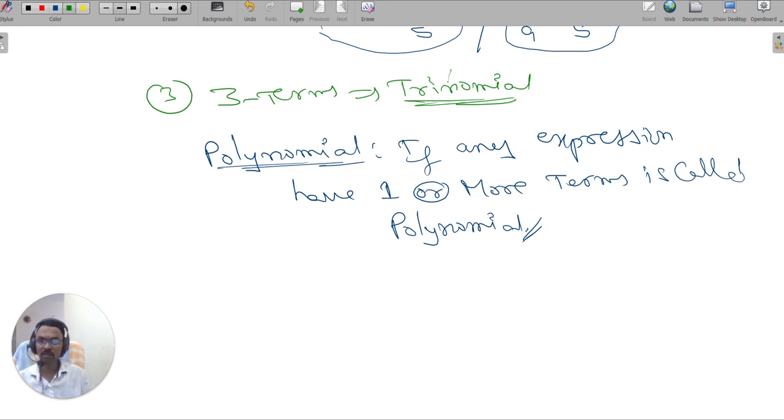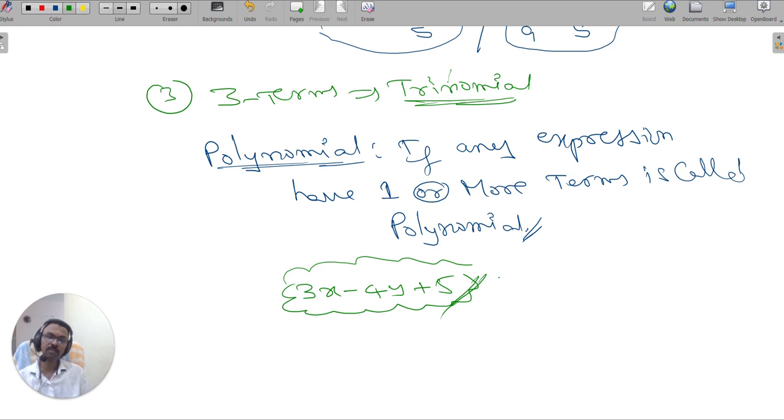Let me give an example: 3x minus 4y plus 5. This is called a polynomial. 3 terms, 4 terms, 5 terms, 1 term, 2 terms.